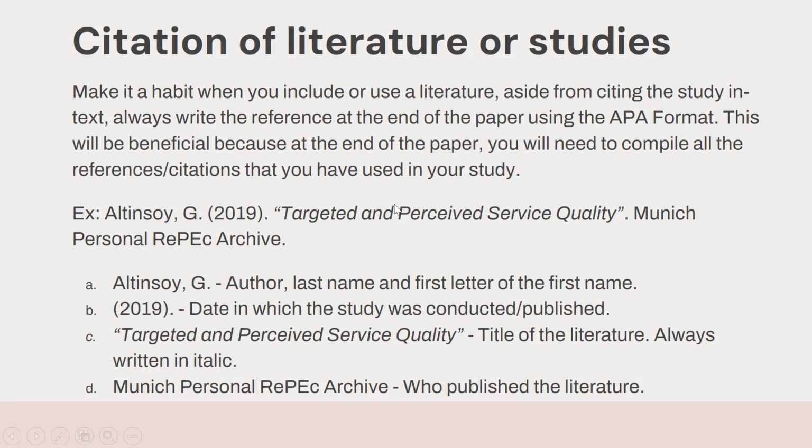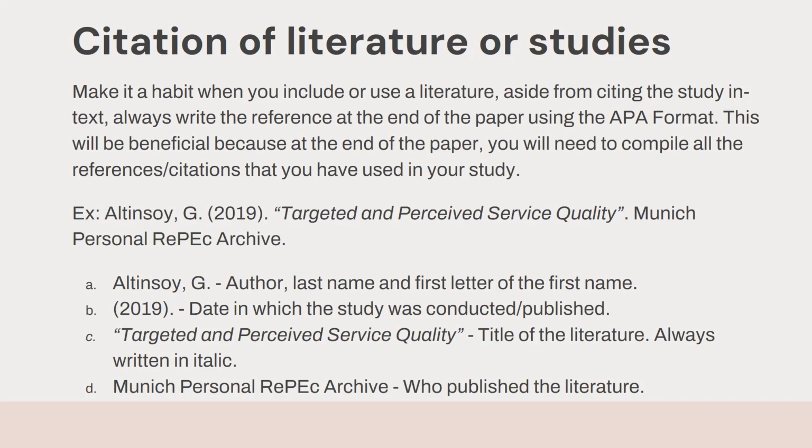So, ito ang example ng APA format. So, example, yung research title na kinuha yung reference is Targeted and Perceived Service Quality by Altin Soy G. So, na-publish siya noong 2019, then ito yung nag-publish. So, sa paggawa ng reference na ito, ganito yung format na gagamitin niyo.